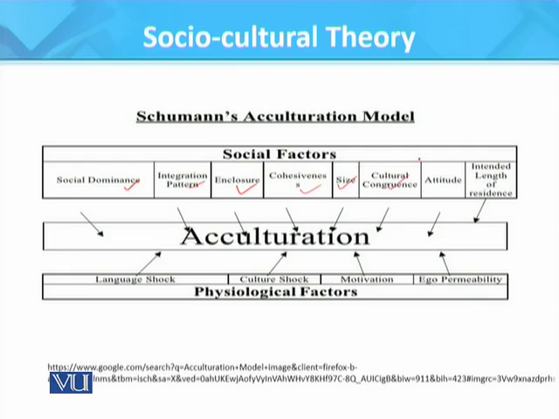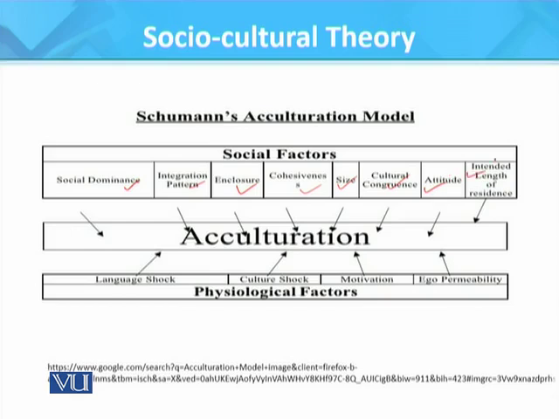Cultural congruence: if the two cultures are similar and they enjoy similar social activities, then the second language can be learnt more easily. Attitude: if the second language learner has a positive attitude towards the target language group, then he or she can move towards the attainment of communicative competency more easily.